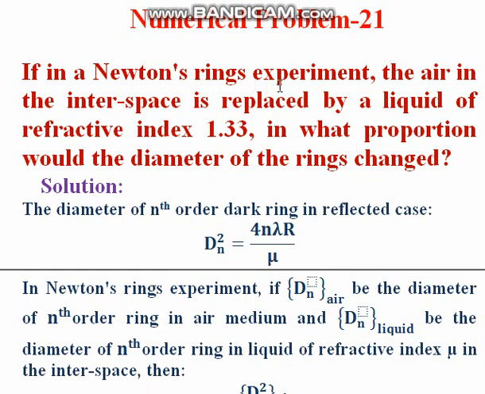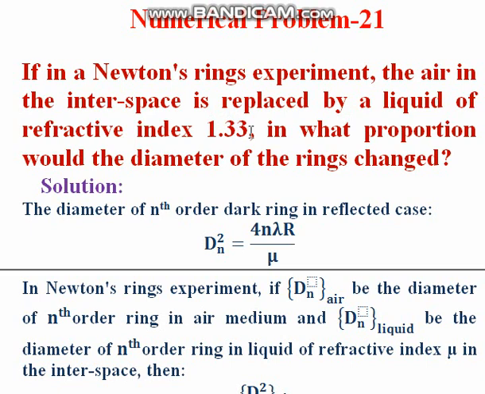In a Newton ring experiment, the air in the interspace, meaning the space between the plane glass plate and the plano-convex lens where the inclined film on either side of the point of contact is present, is replaced by a liquid of refractive index 1.33.